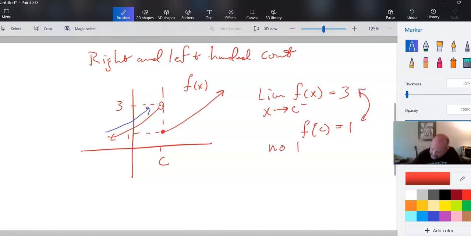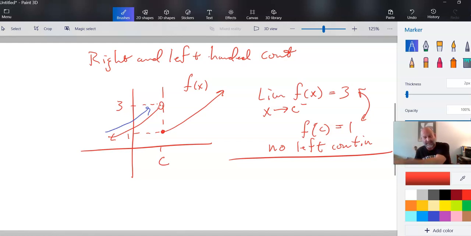There's no left continuity. Remember that the definition is that the limit of f of x as x approaches c is the same thing as plugging c into the function value. And you can see that doesn't work here. I don't get the same value.